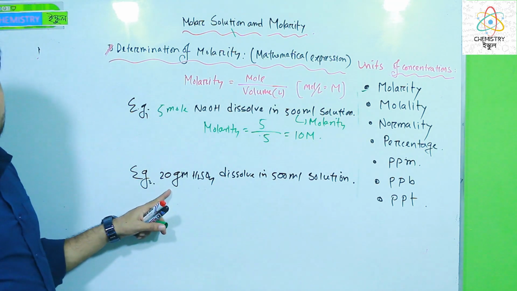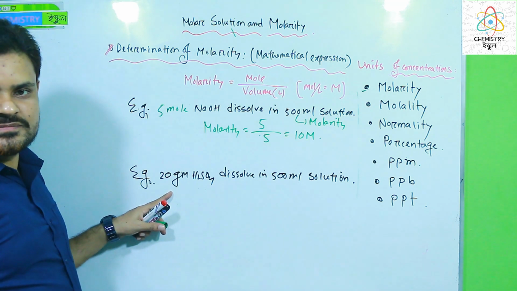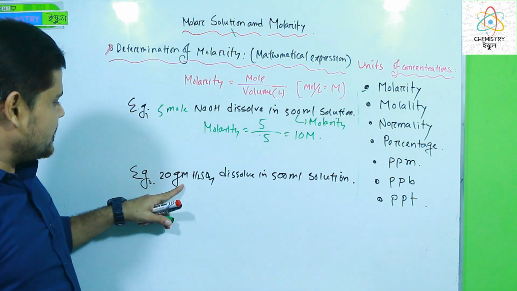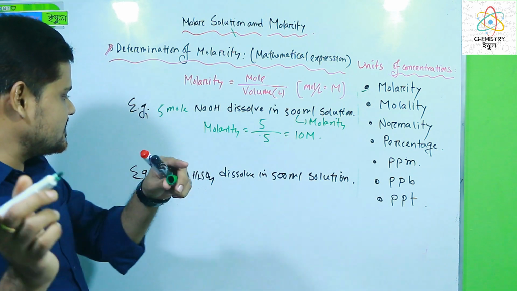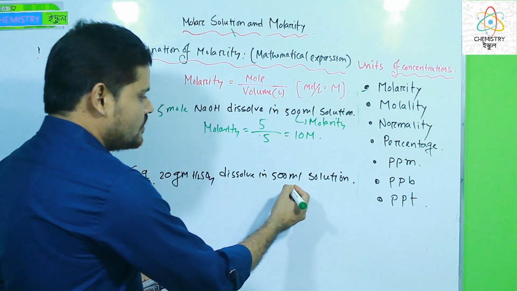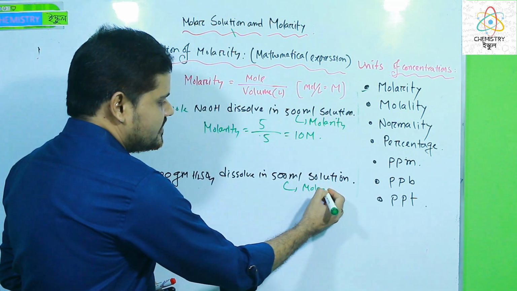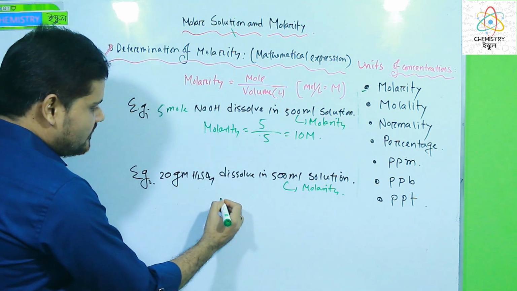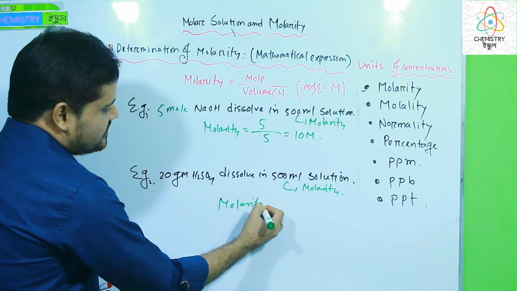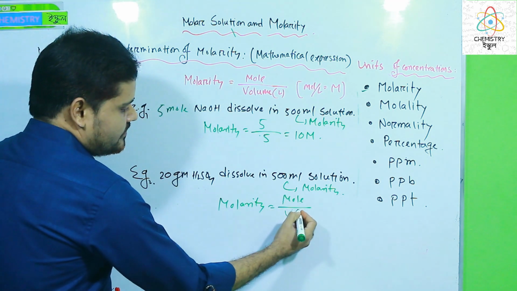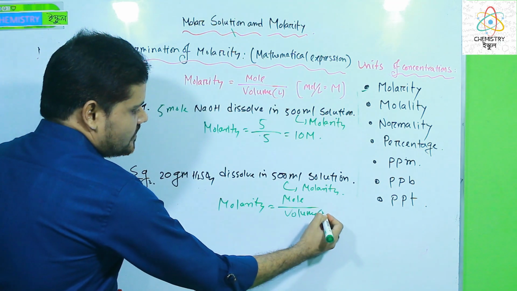And another example for you, dear learners, which differs from the first example. When 20 gram of sulfuric acid is dissolved in 500 milliliter solution, again, what will be the molarity here? We can apply the same equation, mole per liter, mole per volume in liter.